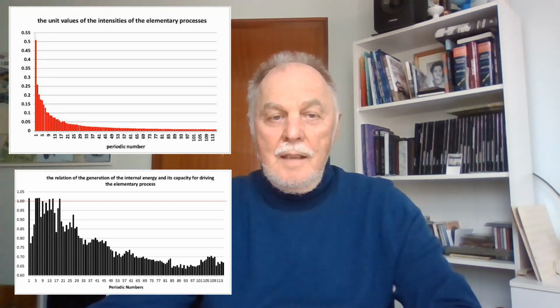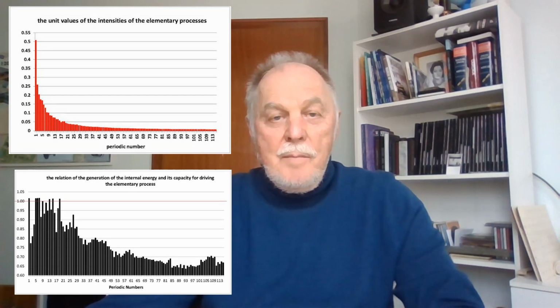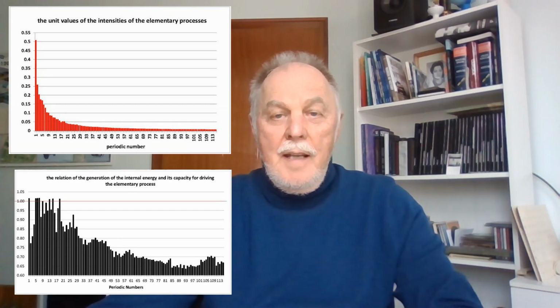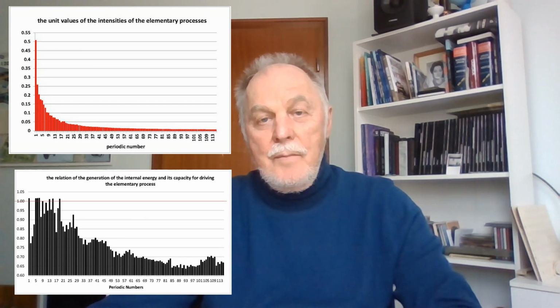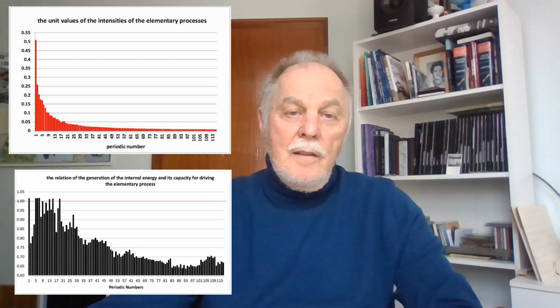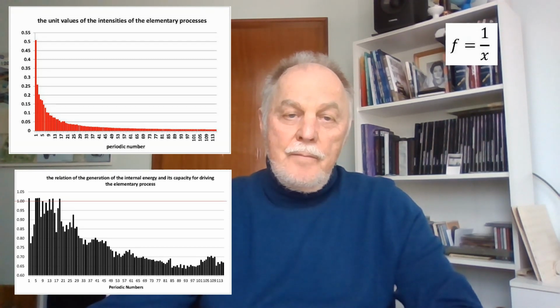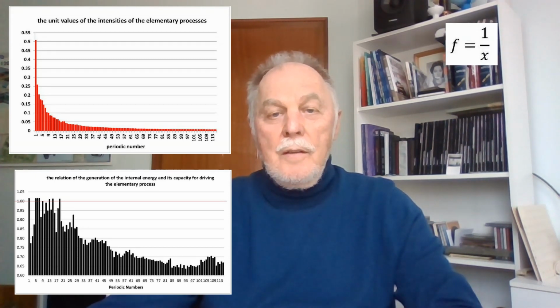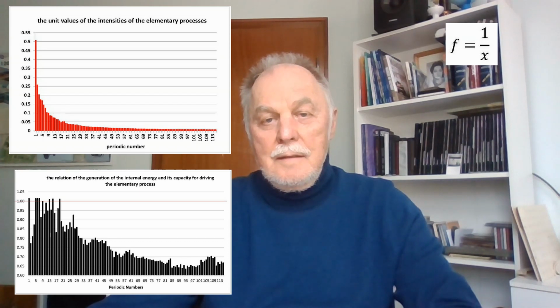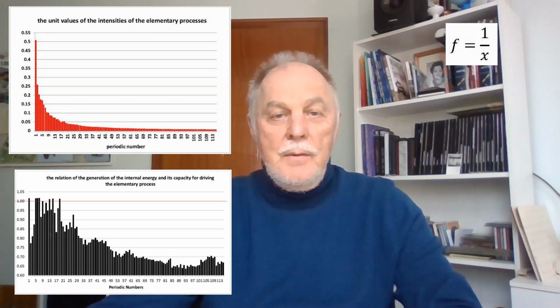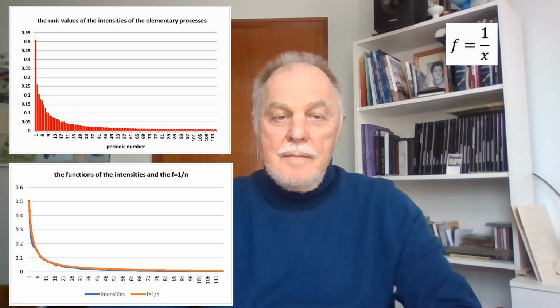The diagram is here. The hydrogen process here is missing again, but we can also realize that the diagram of the unit values corresponds to the function of 1 per x. The two diagrams are the same.